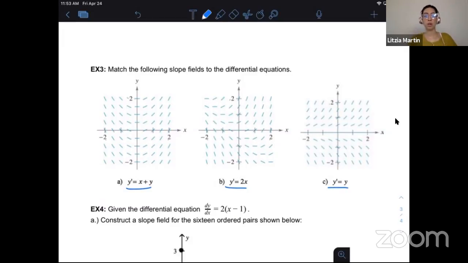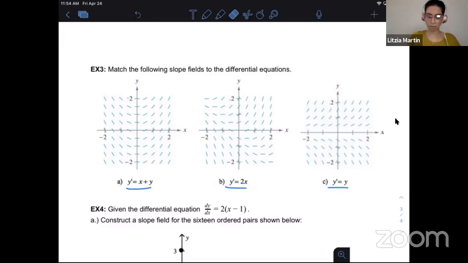So remember, we're not looking to see this graph on here, right? Like 2x, I'm not looking to see just a diagonal line. No, this is representing the slope all along, right? So I could pick specific points.